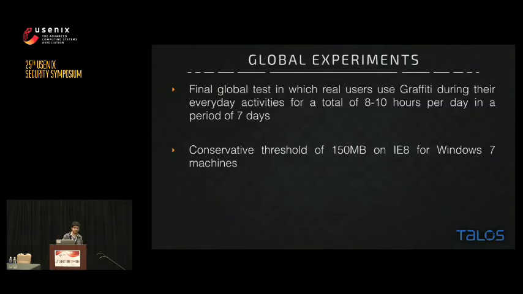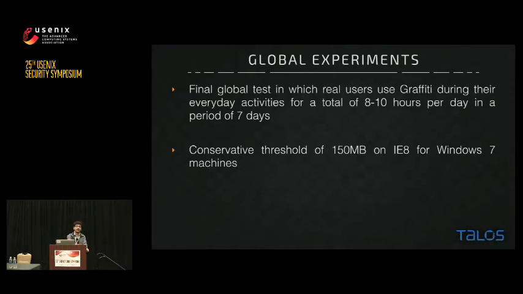Then as a final experiment, given that we want to deploy a real system on a real user machine, we installed our system on 2 different machines, and we asked two users to use it for 1 week for their daily activities. They were using our system, on average, 8 to 10 hours per day.